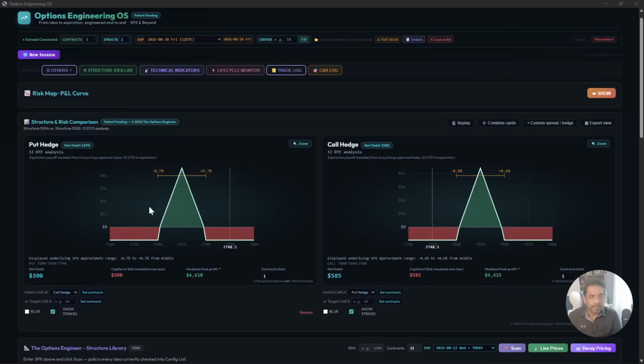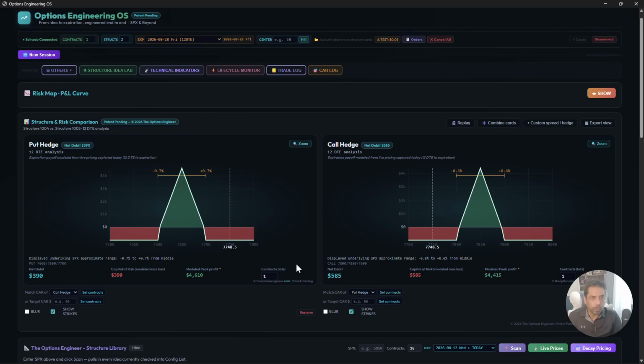Now let's look at another butterfly example. This is where it is almost 50 points, 7700, from the current spot, and we also have the similar butterfly on the upside, which is 50 points above the spot.